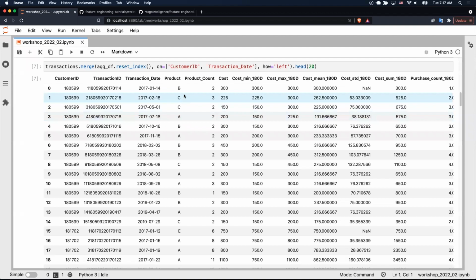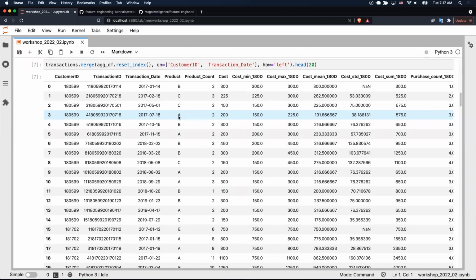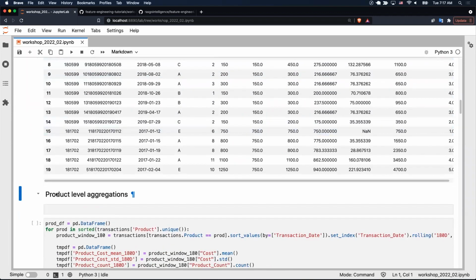We can calculate counts of the various products, pull that in. But one of the things I could do is ask, what does the average purchase of people who purchased product A up to this point look like? So I can do these same aggregations at the product level.